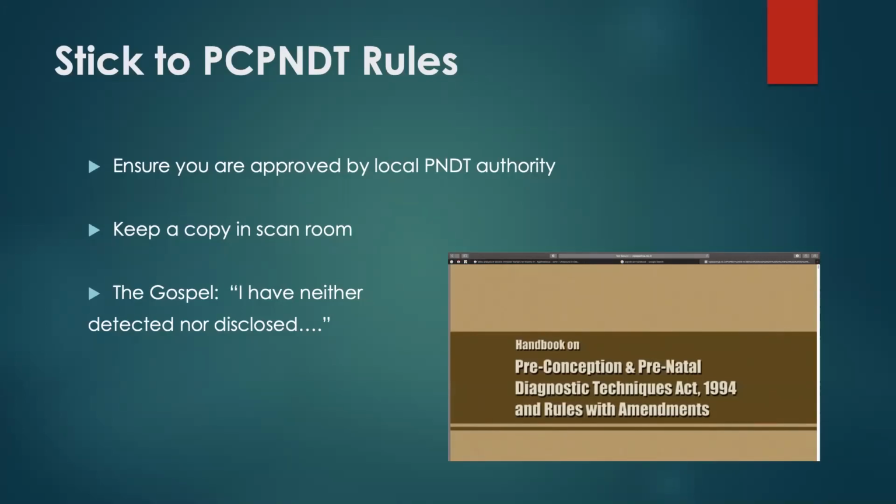Now, those who are working in a medical college setting, I guess you are much more protected in terms of doing the ultrasonography. But if you are having to write a report from that protected environment, then actually you have to make sure that you are PNDT approved and you are doing it properly.